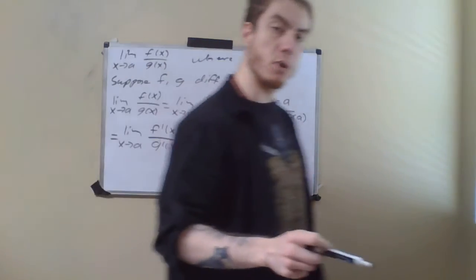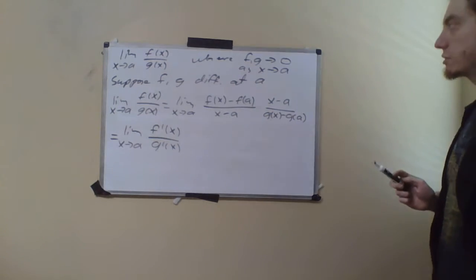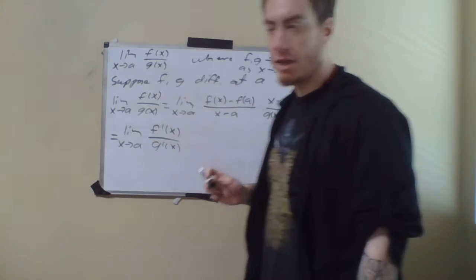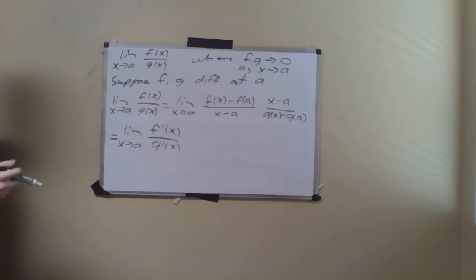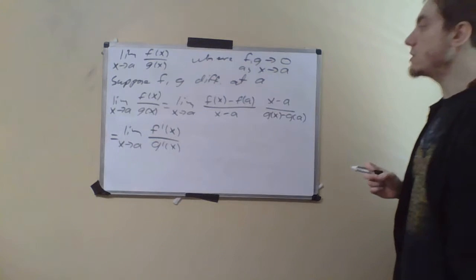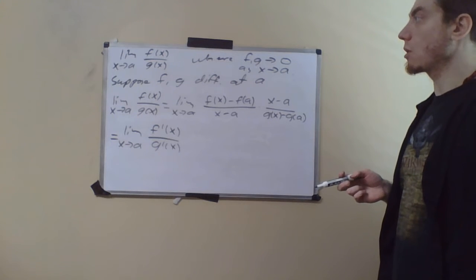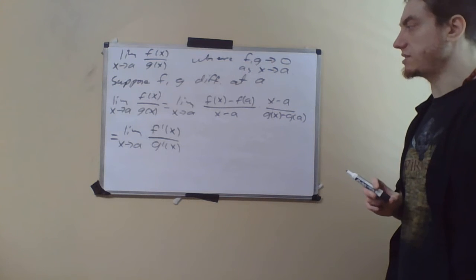In other words, we've just replaced our functions, f and g, with their derivatives, f prime and g prime. And that's really all that L'Hopital's rule says. It says that if you have an indeterminate form, then you can replace your f and your g with their derivatives, and you can still compute the limit.